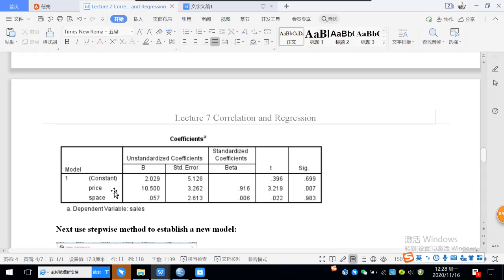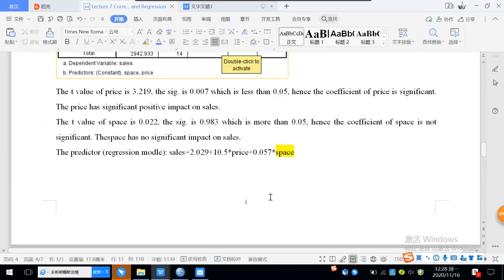It also means price has significant impact on sales. Next, look at space. The t-value is 0.022, and the corresponding significance is 0.983, which means the coefficient of space is not significant. It also shows space has no significant impact on sales.